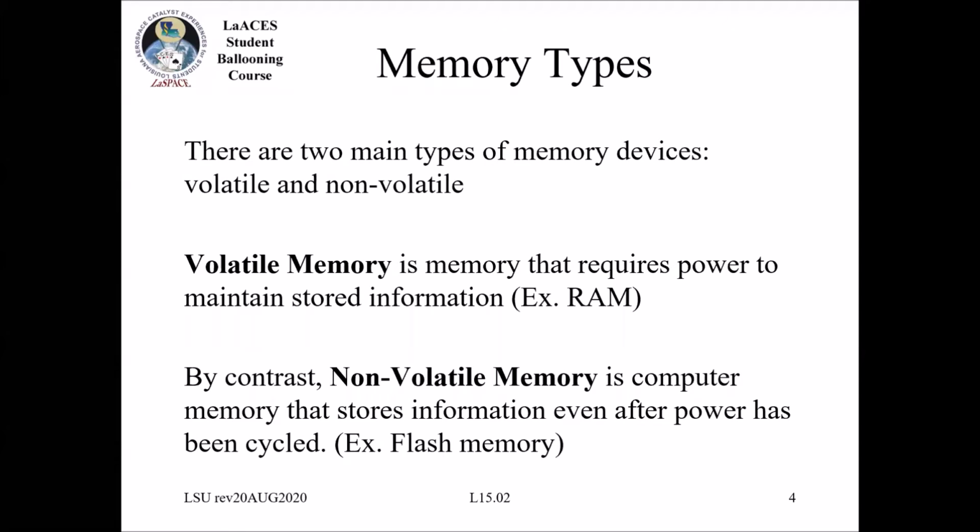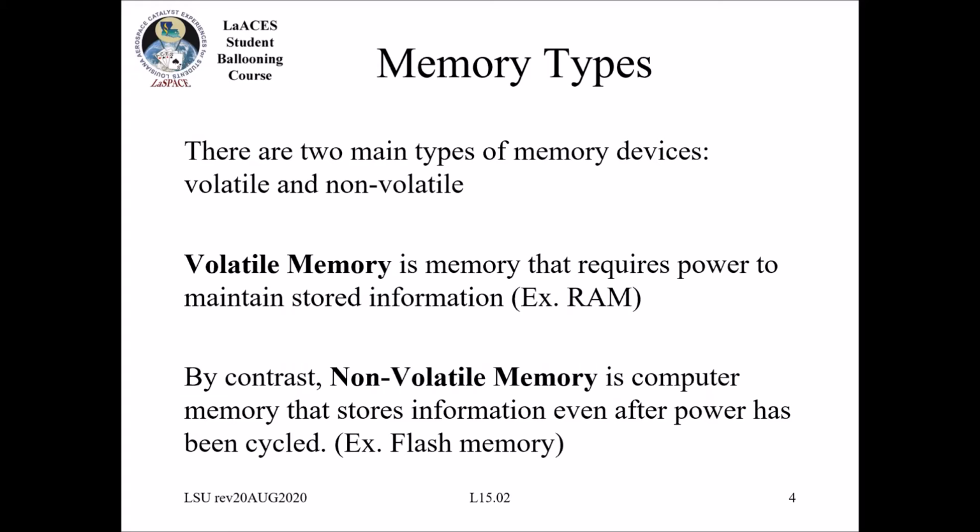So as I said, there are two types of memory devices, and the term you use to refer to these is either volatile or non-volatile. A volatile memory is something that requires you to keep power supplied to it for it to maintain its information. The most common example is your RAM.